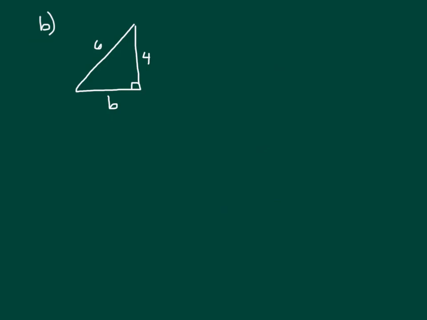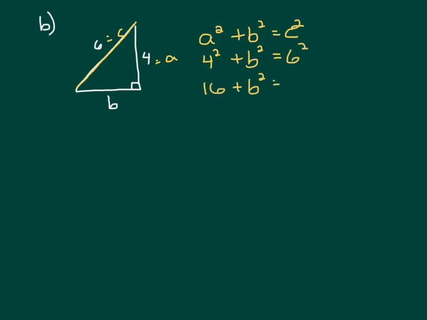Alright, for example B, notice that they give us c, the hypotenuse is 6, and we're looking for b, so I'm still using a squared plus b squared equals c squared. So 4 is a, we're looking for b, 6 is c. So it's going to be 4 squared plus b squared equals 6 squared. So 4 squared is 16. 6 squared is 36.